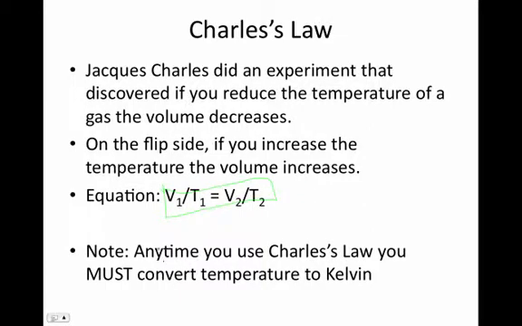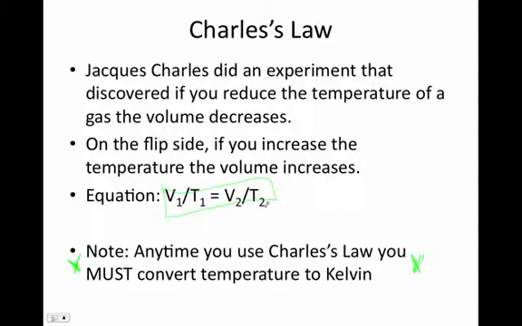I made a note of this at the beginning of this video, but anytime you use Charles's law, you'll definitely want to convert those temperatures to Kelvin. You've got to do it, or else you can get some really funky answers, because you can get negative temperatures, because there is no negative in Kelvin, but there certainly is in Celsius.